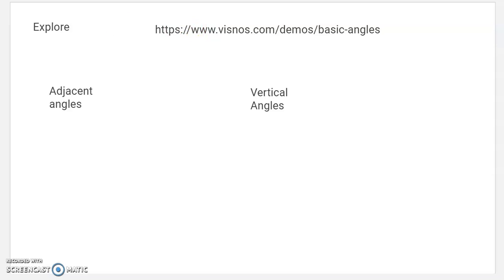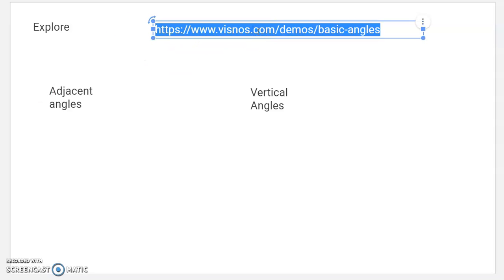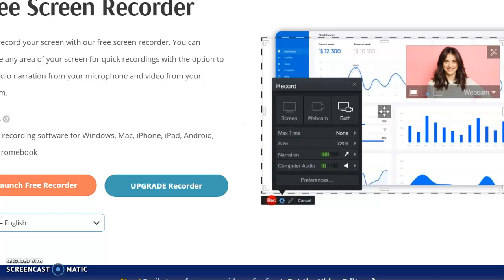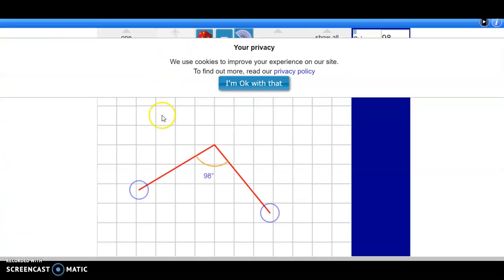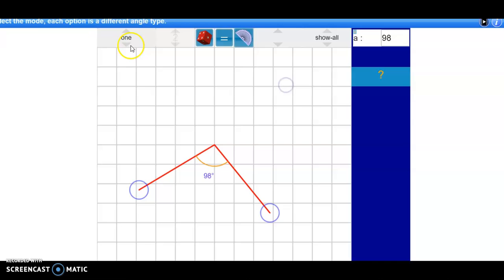I have this link to the same site as the last lesson in the description of the video. What I want you to do is, I've got to pause and expand my screen. Hang on. You're going to visit this site, same one as yesterday, and up here you can switch it to intersect.